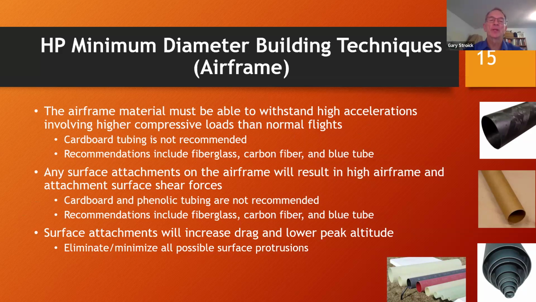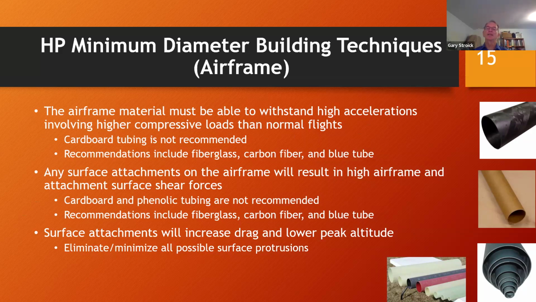So you may want to be looking at other recommendations that we have with respect to the materials that we've mentioned earlier, and that would include fiberglass, carbon fiber, blue tube. Those materials are really designed for higher acceleration flights. And so if you choose to use those, you certainly can, and those would be in some ways preferred.